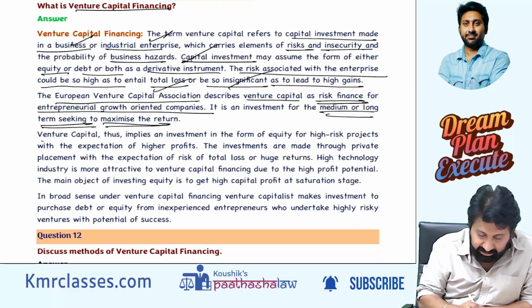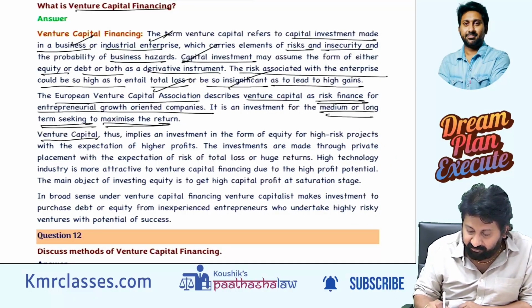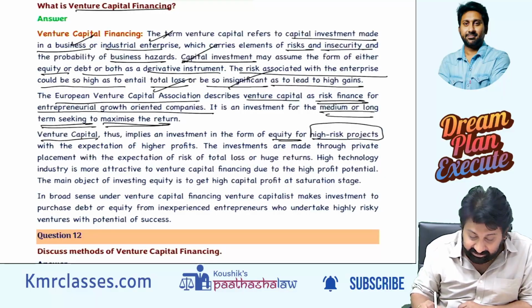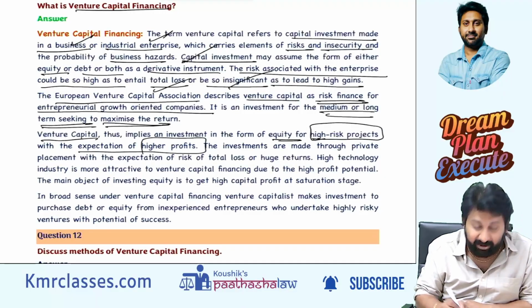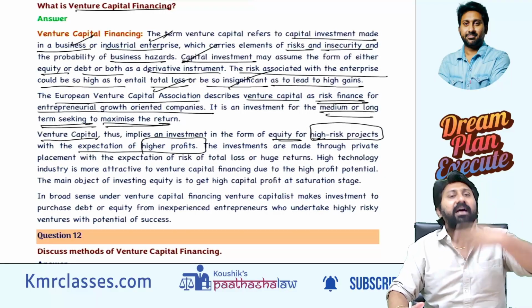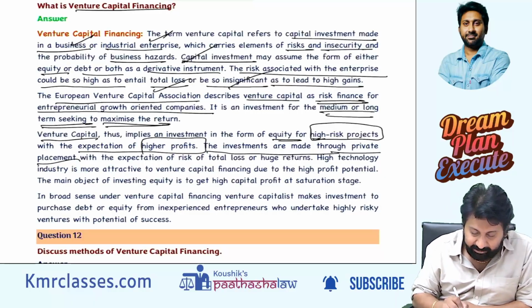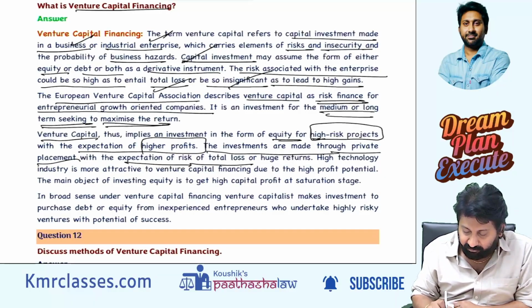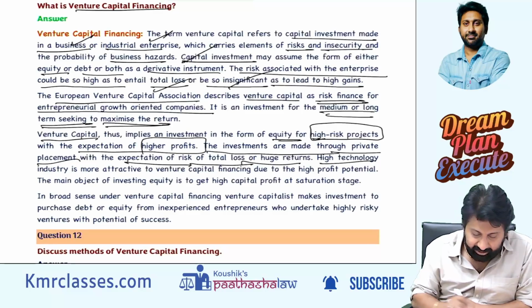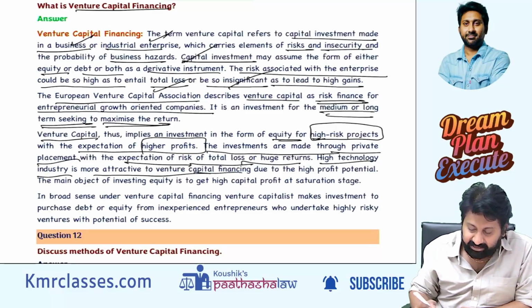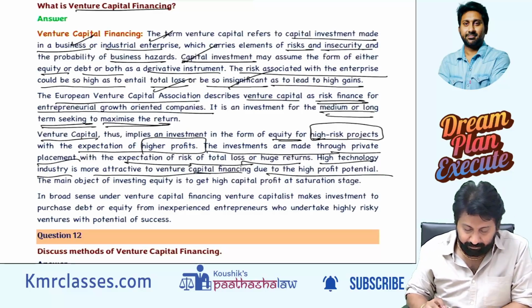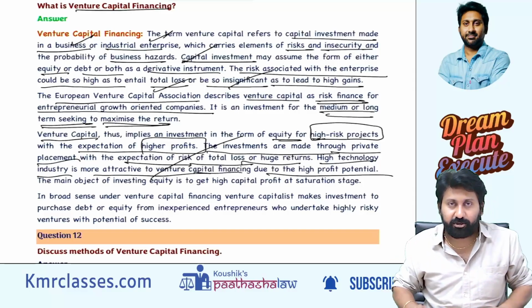Venture capital thus implies an investment in the form of equity for high risk projects with an expectation of higher return. Just now I told you, high risk means high return also will come. The investments are made through private placement with expectation of risk of total loss or huge return. High technology industry is more attractive to venture capital financing due to high profit potential. Those are the points you need to write.